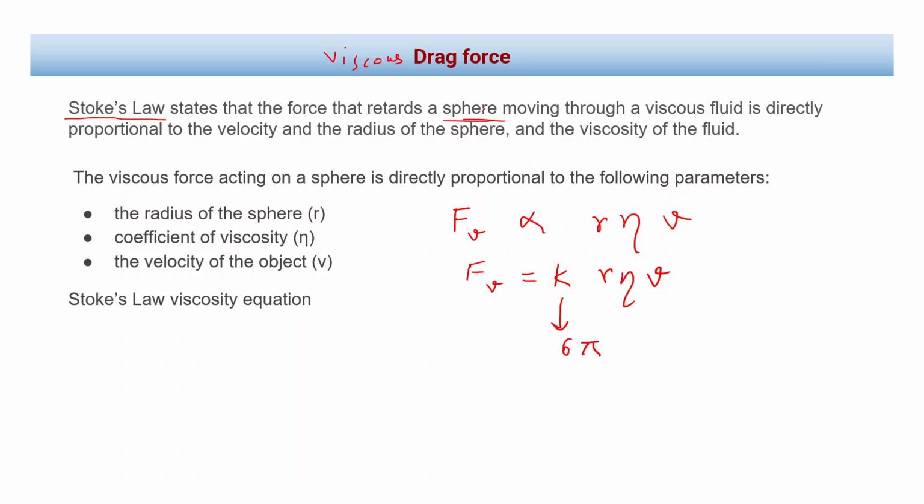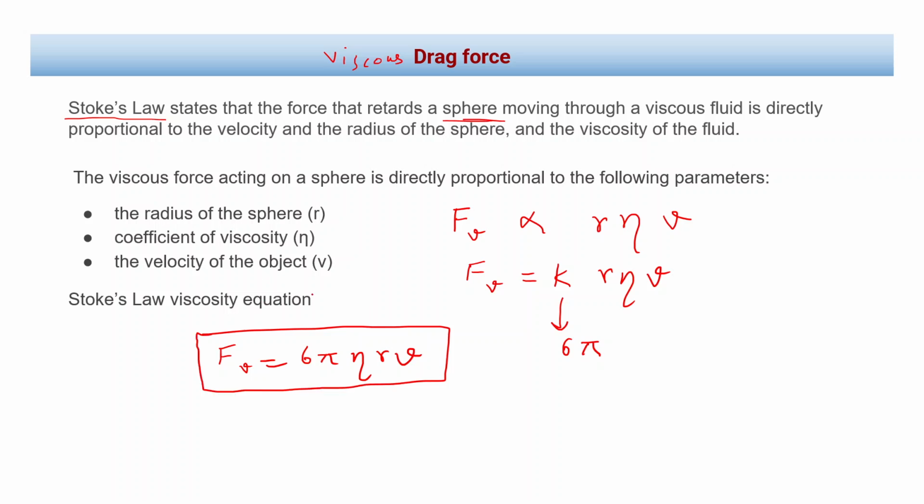So for a spherical body moving through a viscous liquid, the formula becomes F = 6 pi eta r v, and this is the equation of Stokes' law. So this is also a force that acts on a body when it's moving through a fluid.